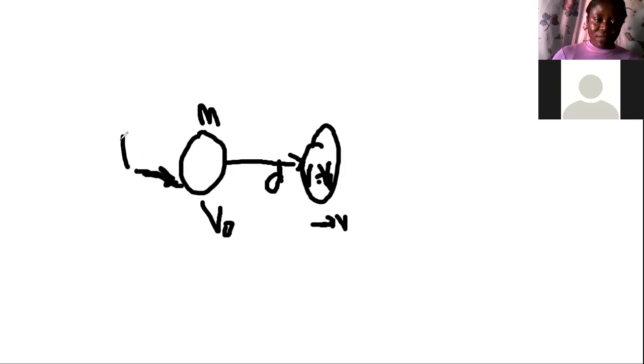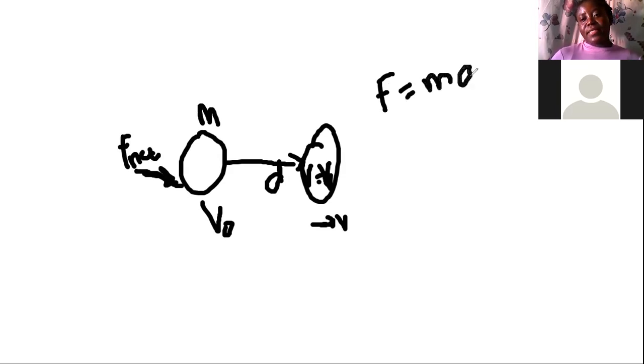It means this object is moving under the influence of that net force. So from Newton's second law, force is equal to the mass times the acceleration.